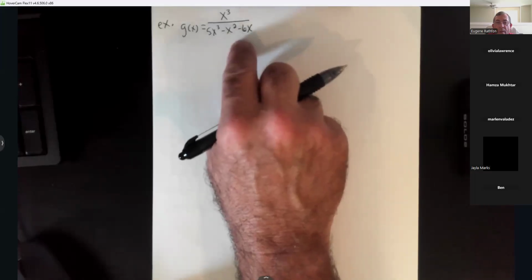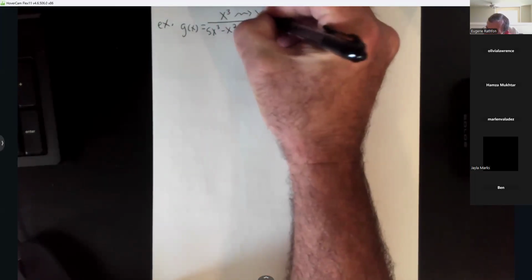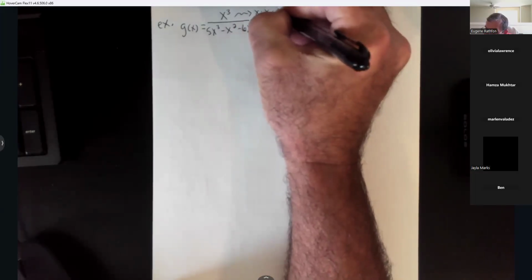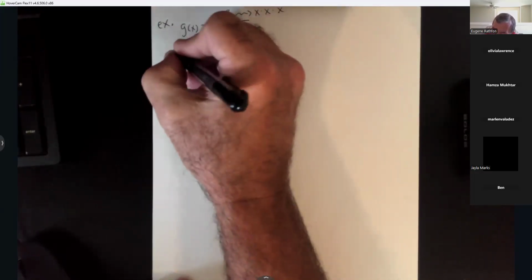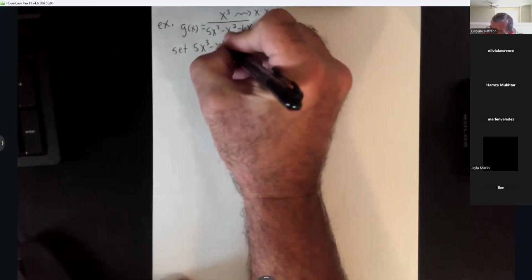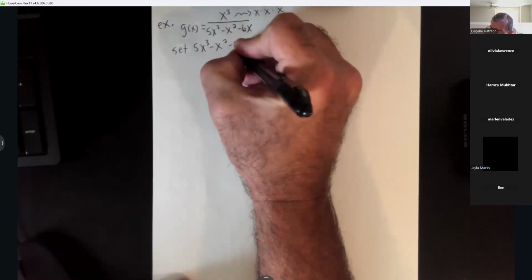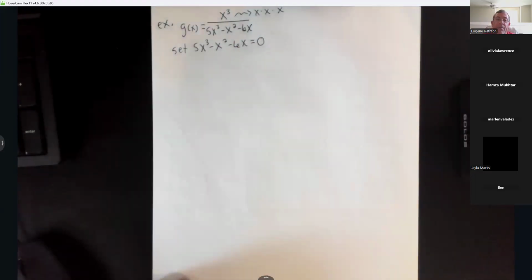Alrighty, so remember, y'all, this x cubed on top is like an x times an x times an x, okay? So I'm going to play with the bottom. I'm going to set 5x cubed minus x squared minus 6x equal to 0.